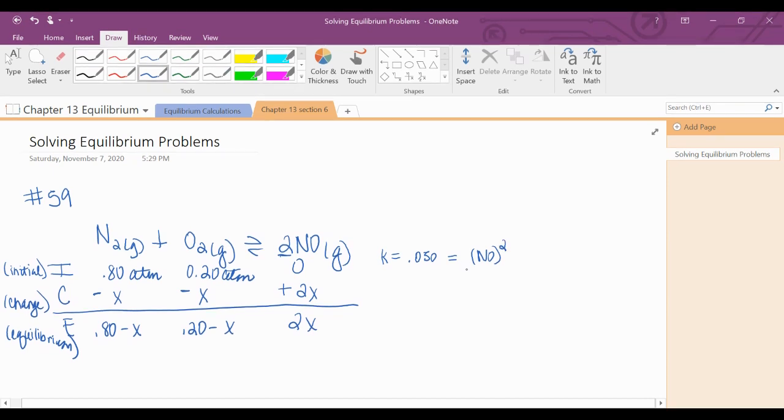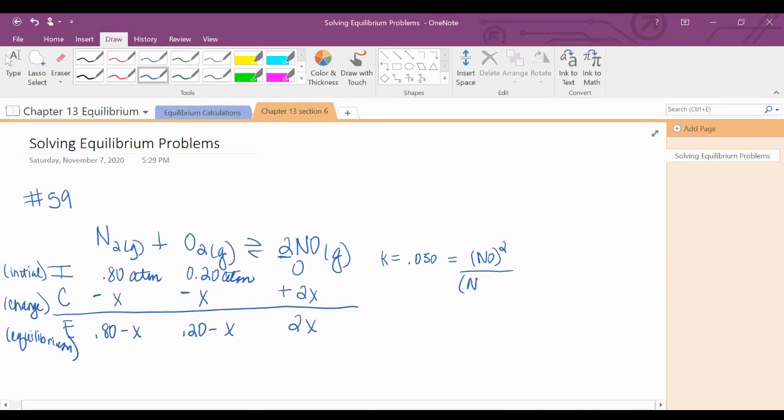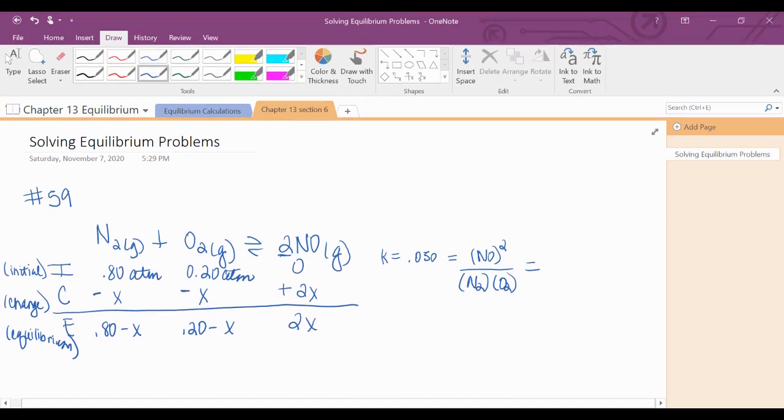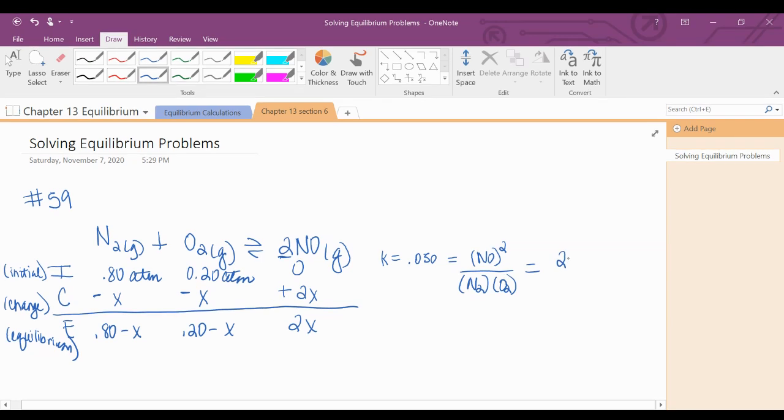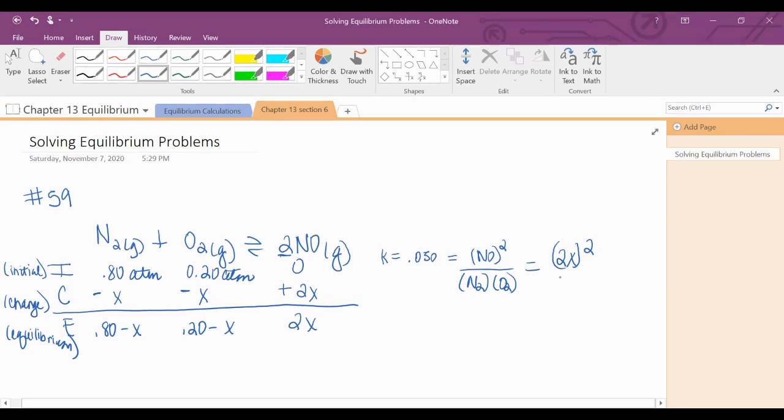And this would be squared. And then N2 to the first power and O2 to the first. So the equilibrium for NO is 2X, and we're going to square that. And then on the bottom, we're going to have 0.80 minus X and 0.20 minus X.